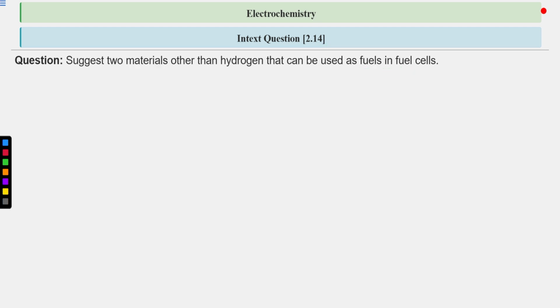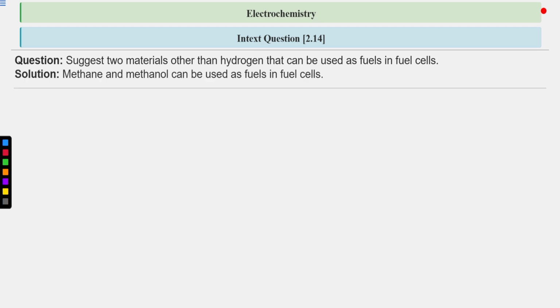So we have already studied about this in the theory, that other than hydrogen, what we can use as a fuel in the fuel cells, or you can say in the galvanic cells, in which we perform the combustion of the fuels for the conversion of chemical energy to electrical energy, and then we can use this electrical energy as electrical power. So the answer is methane and methanol.